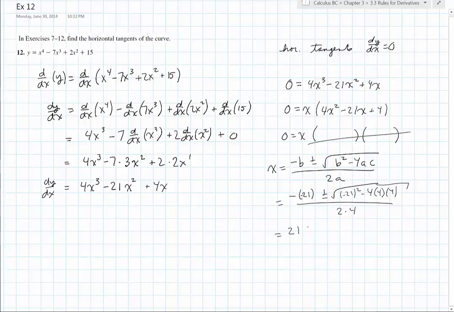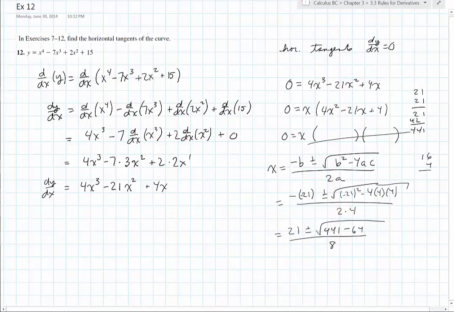So 21 plus or minus the square root of 21 squared. 21 squared is 441, minus 4 times 4 times 4, which is 16 times 4, which is 64, all over 8.